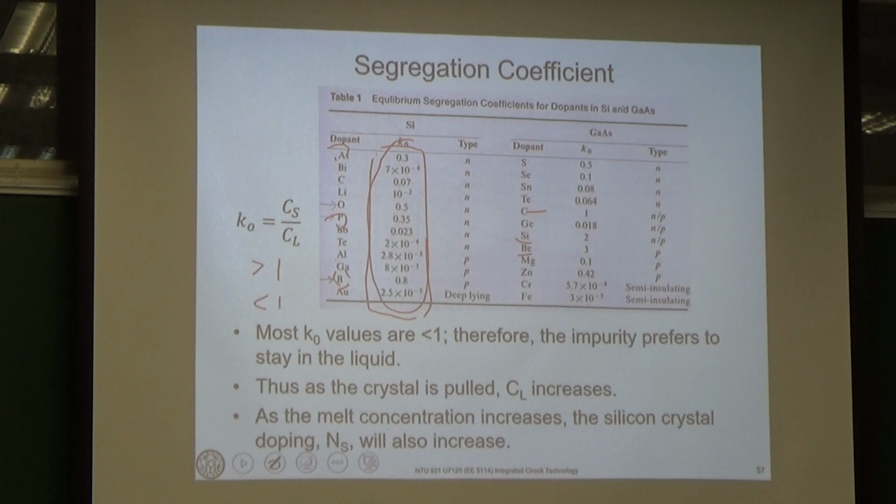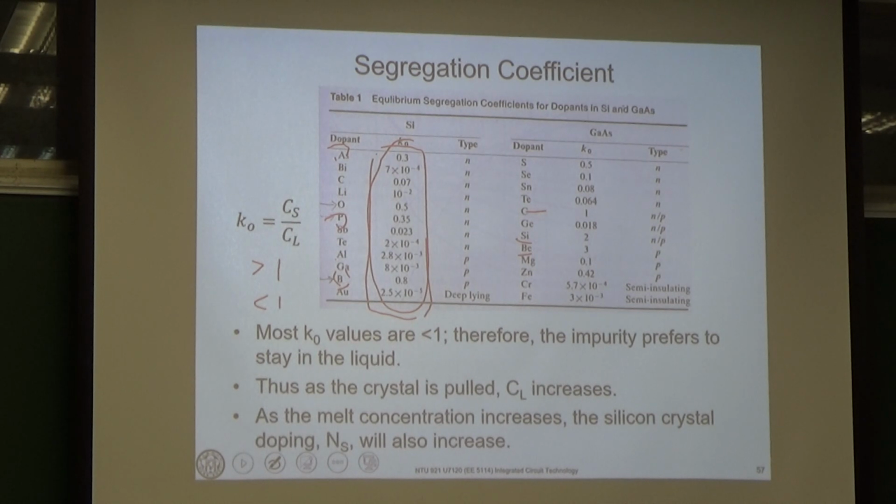So we want the dopant or impurity profile across the ingot to be more uniform. That's the target we want. Otherwise, it's like a lottery. You take this wafer or that wafer, and the properties are very different. So we want the dopant that has a segregation coefficient close to 1, which means that the concentration in liquid and in solid are close to each other.